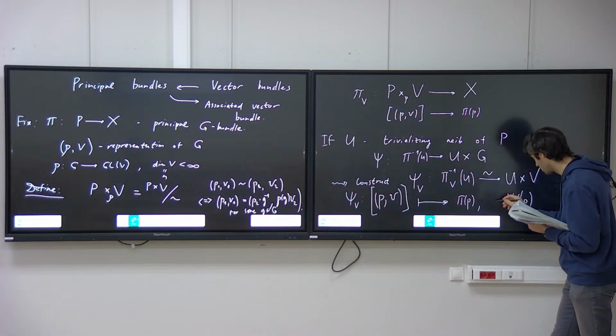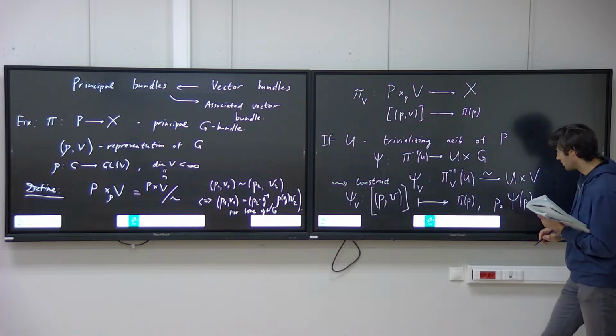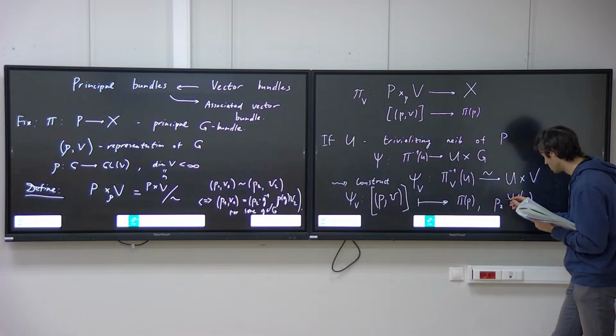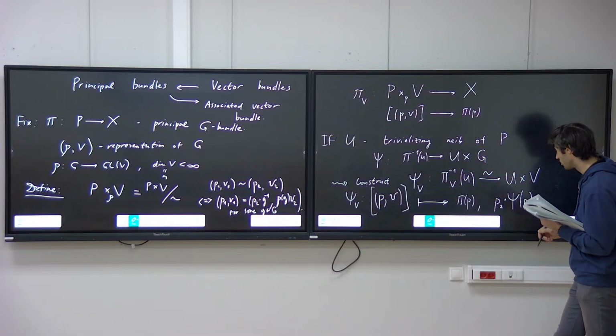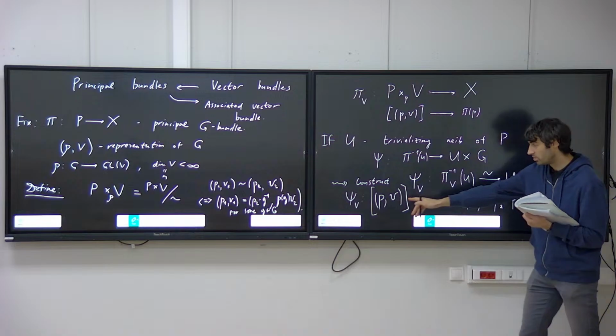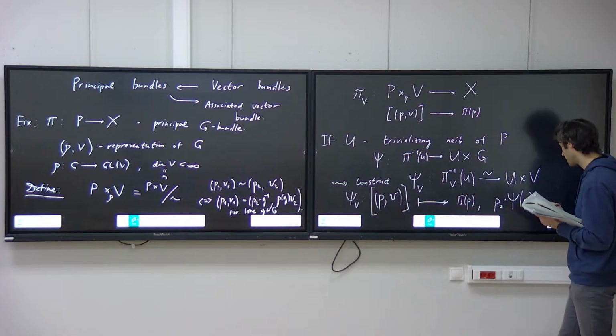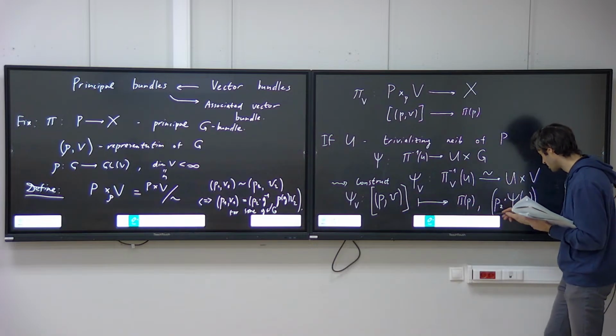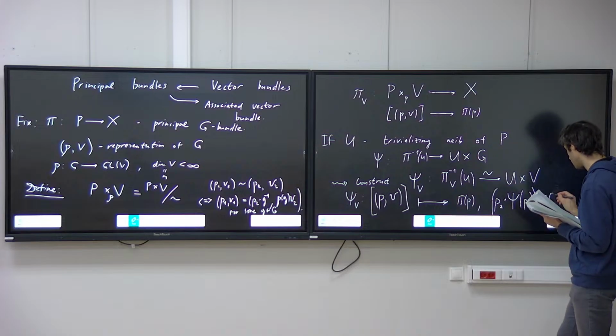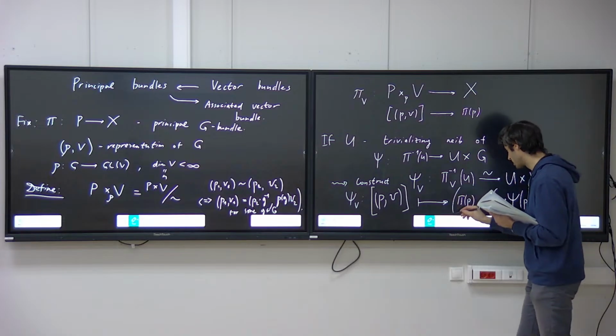Let me denote this projection P2. So it will be an element of a group that can act on V, and so I act by this guy on v. And this will be my pair.